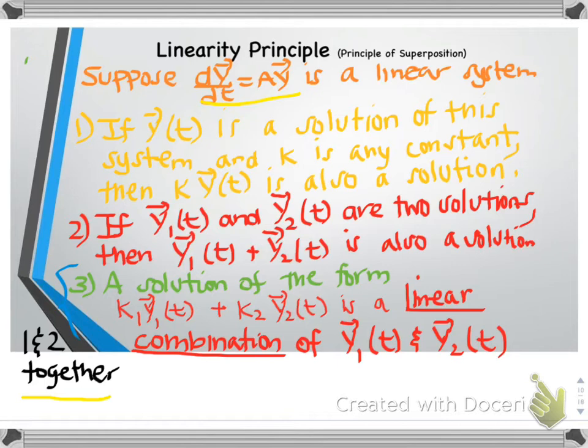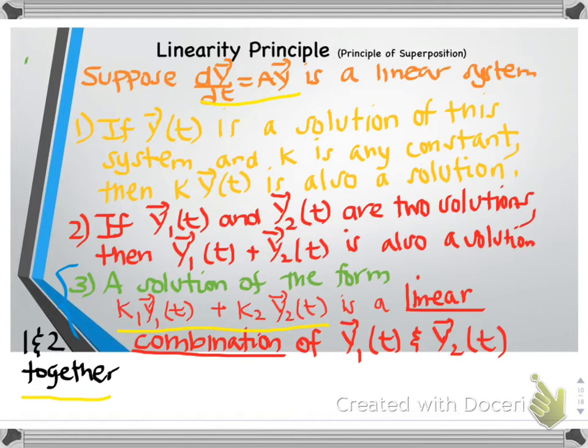And 2 is saying if we have two different solutions to the system, then we can add them together, and that also gives us a solution. Now, 3 is bringing it home by saying, if we can put them together, then we can throw some constants in front of them, and that'll also be a solution, okay? When you do that and put constants with them, we call that a linear combination of y1 and y2.